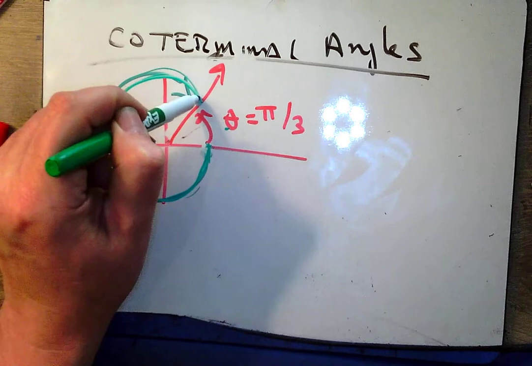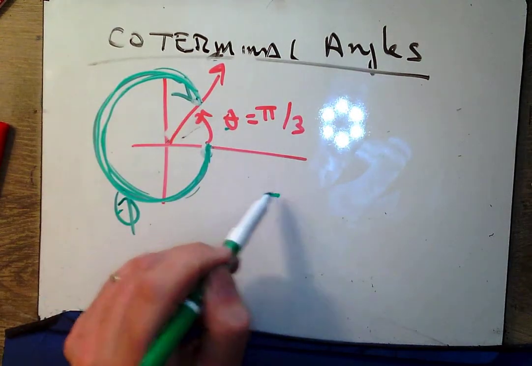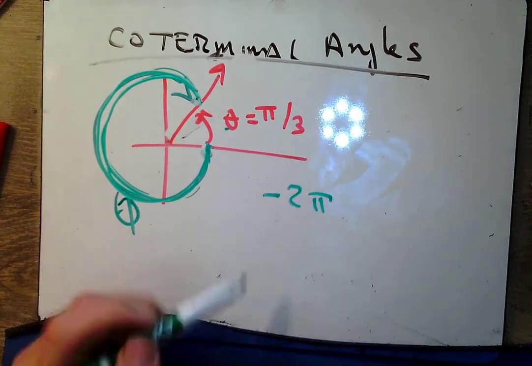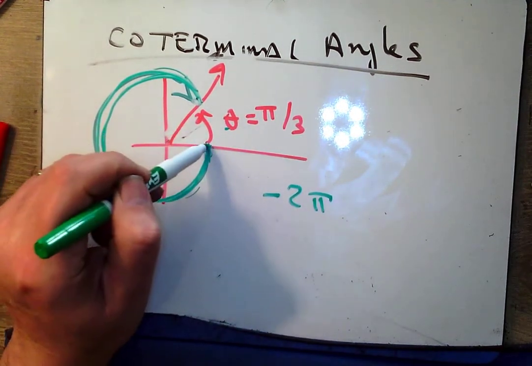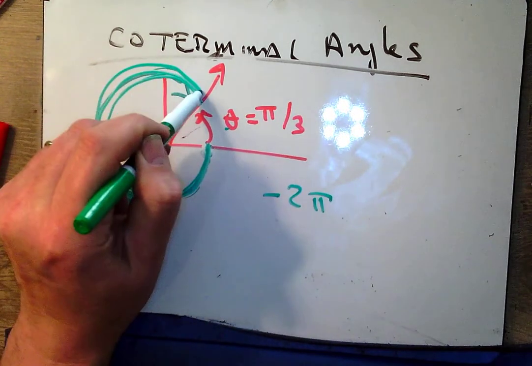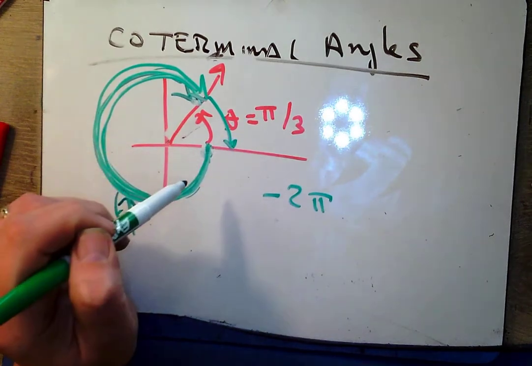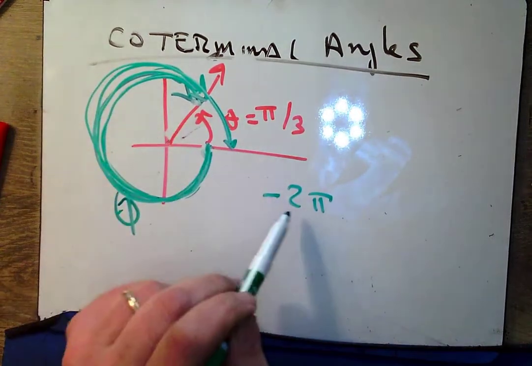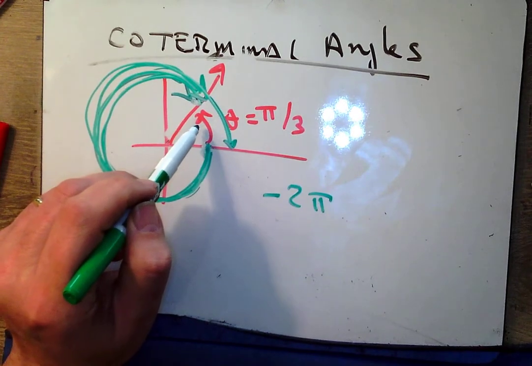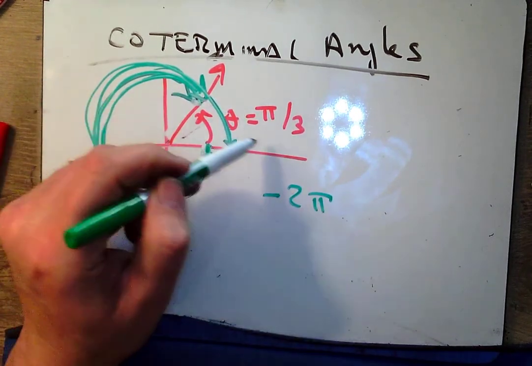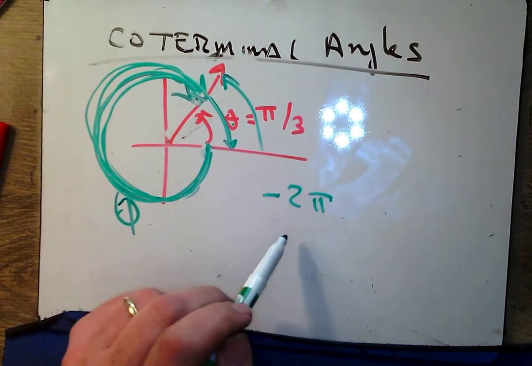This is 2 pi. And because I went in the negative direction, I got a minus 2 pi. But now I'm thinking, okay, this is 2 pi, negative 2 pi. If I come all the way to here, I go all the way around, that's negative 2 pi. But my angle doesn't go all the way around. It goes all the way around, and then it goes back up by that amount.